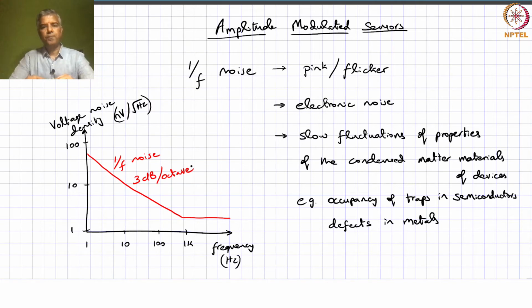Okay, so that is actually a significant factor in determining where you want to do your detection.